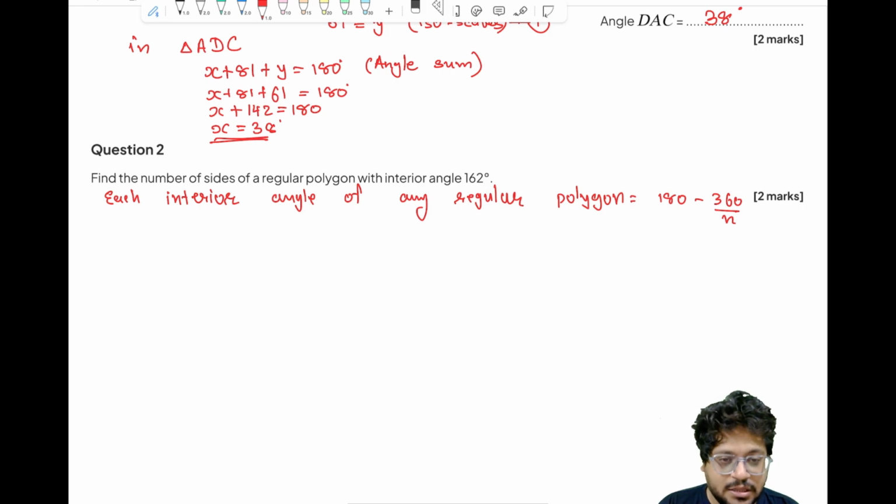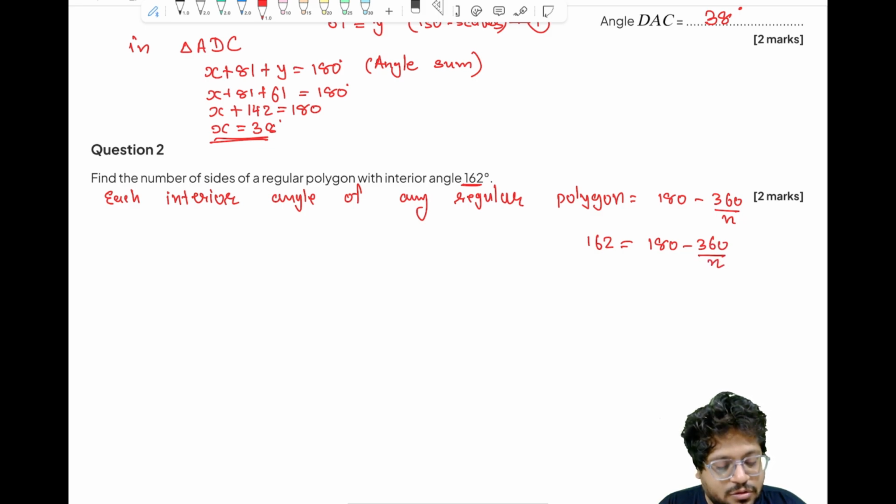It is discussed in the fourth session of this chapter. So n is the number of sides here which we want to find, and each interior angle is already given as 162. So I can say that 162 is equal to 180 minus 360 upon n.